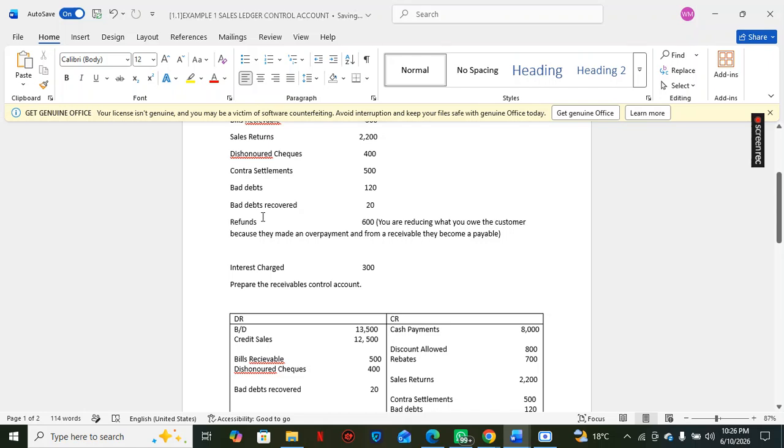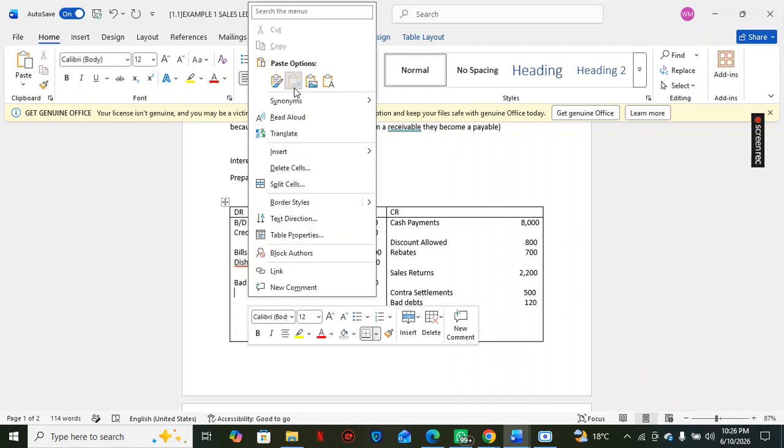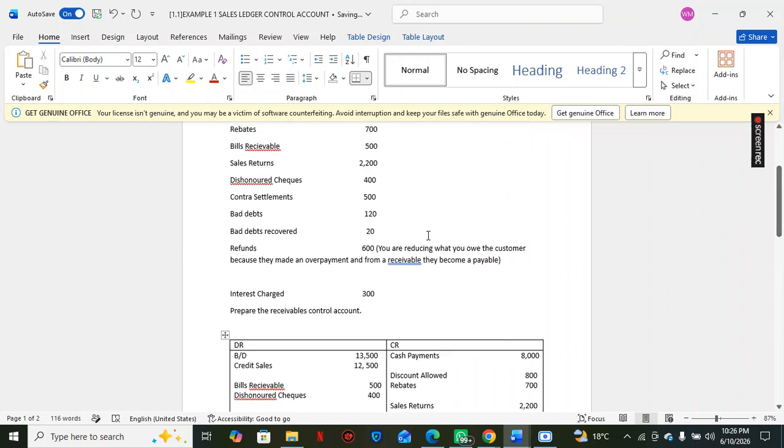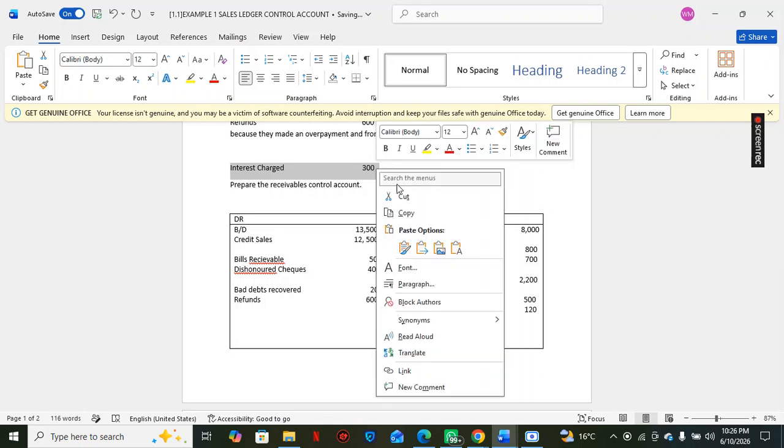So it means to reduce that payable, you debit. Okay. From an asset they've become now a liability. Then finally, interest charged. Your customers have taken long to pay you. So it means you have added some interest. So what is being owed to you increases.